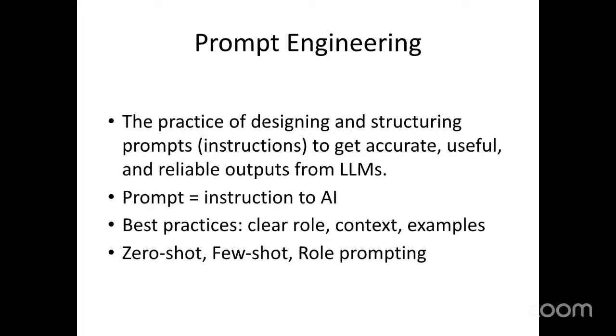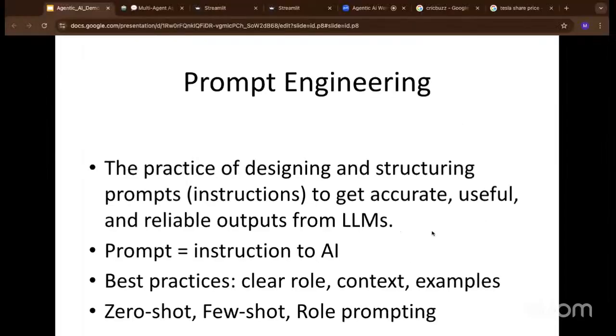Until you specify a city name, or wherever you want to know the weather, it is not able to answer. So we have to provide and specify this to the LLMs so that we can get the accurate result. A prompt is nothing but an instruction to AI. The best practices for prompts are clear role, context, and examples. Suppose I have given this whole thing.